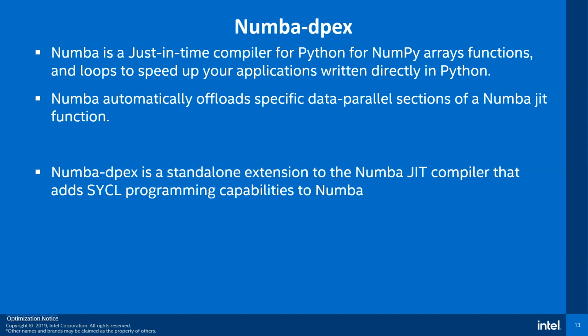A key distinction between Numba-dppy and other GPU backends is the ability to automatically offload specific data parallel sections or NumPy expressions of a numba.jit function.